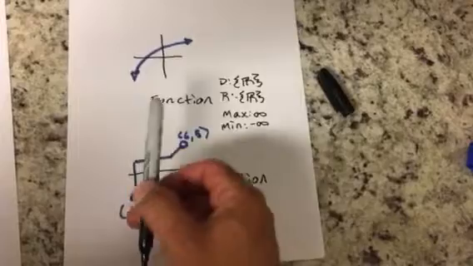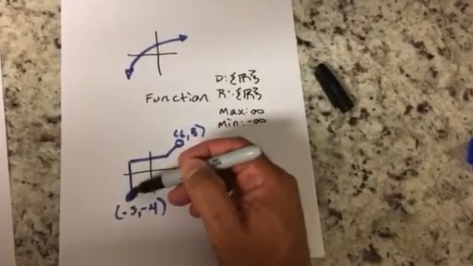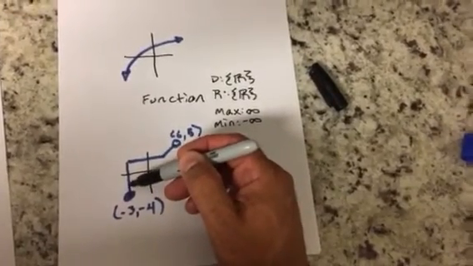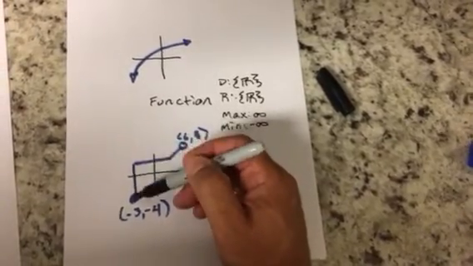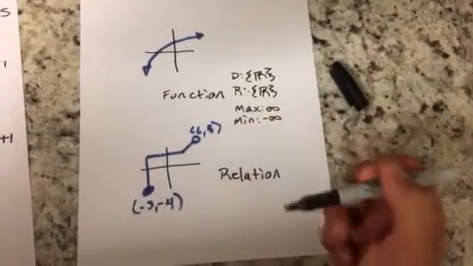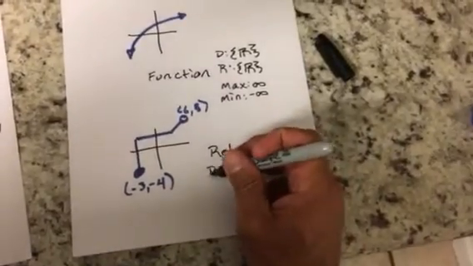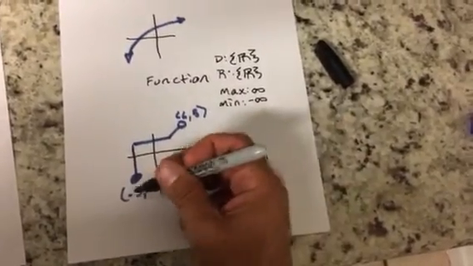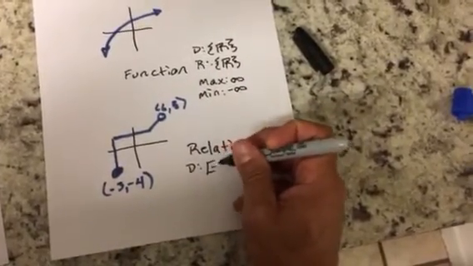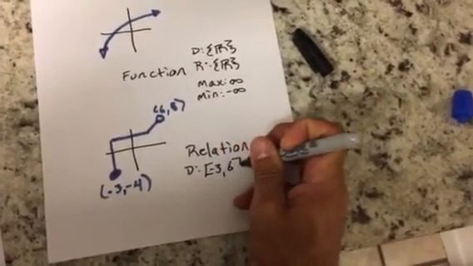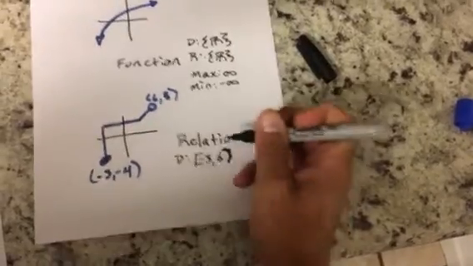So right here it's a relation because there's an x at negative 3, negative 4, negative 3, negative 2, negative 3, negative 1, negative 3, 0. There's a whole bunch of negative 3 something x's. My domain on this is going to go from negative 3 to 6. The negative 3 is included. The 6 is not included. Whoops, not included.